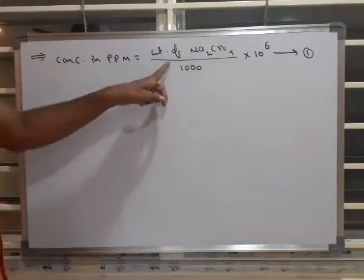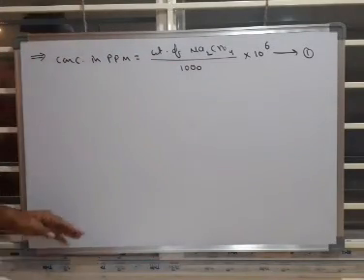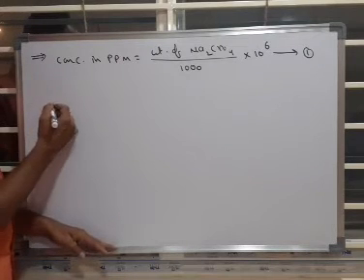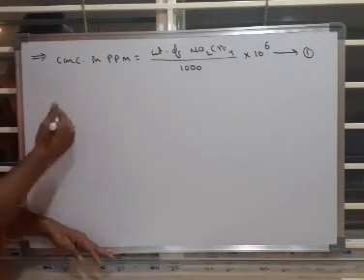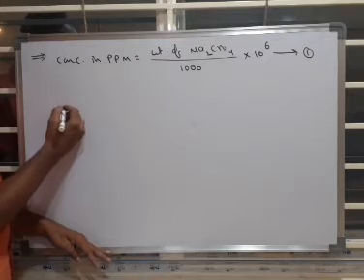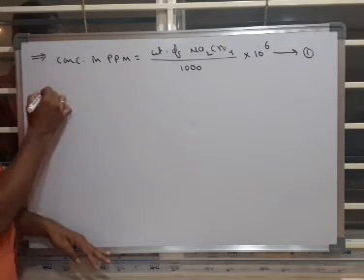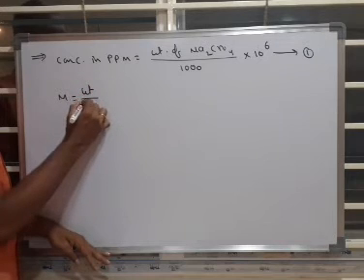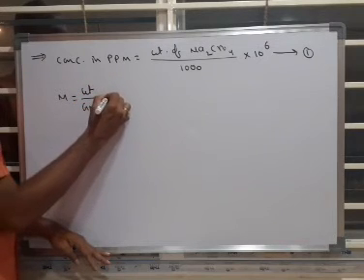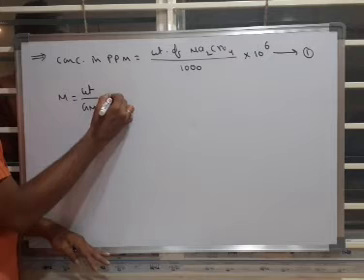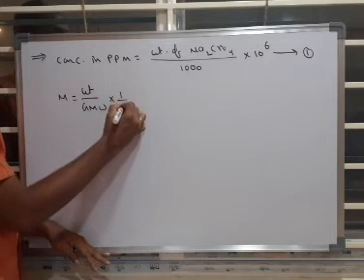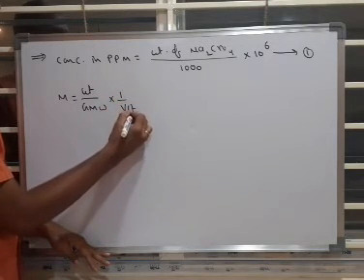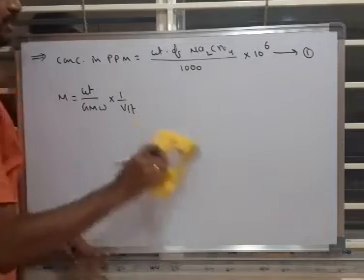So actually we don't know the weight of sodium chromate. The sodium chromate weight is not given. To find the sodium chromate weight, we can do it with the help of molarity. So what is the molarity? General formula: molarity is weight by gram molecular weight into 1 by V liters, volume in liters.